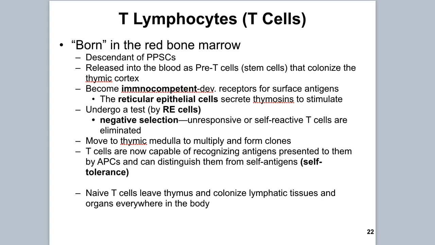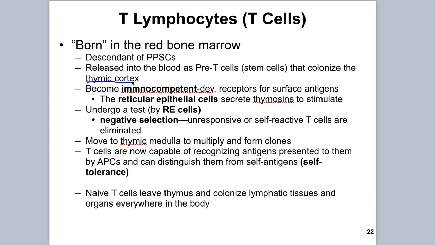First they reside in the thymic cortex. Let me get my pen. So first they reside in the thymic cortex, which is the superficial portion of the thymus.